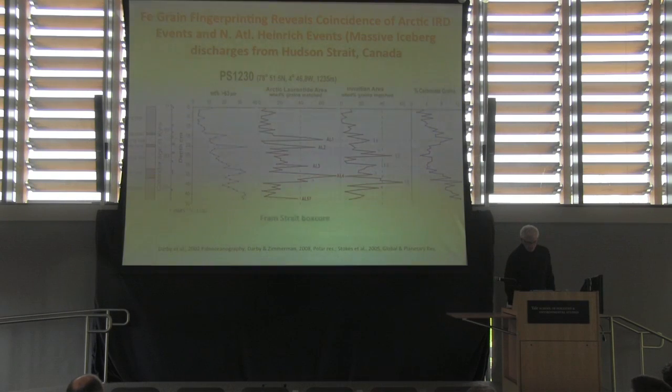And lo and behold, we could look at different events here where large amounts of ice-rafted detritus were making it through Fram Strait at almost identical times as there were large armadas of icebergs coming out of Hudson Strait in Canada, flowing down through the Labrador Sea and out into the North Atlantic, all the way over to England, and depositing sediment all the way across the North Atlantic.